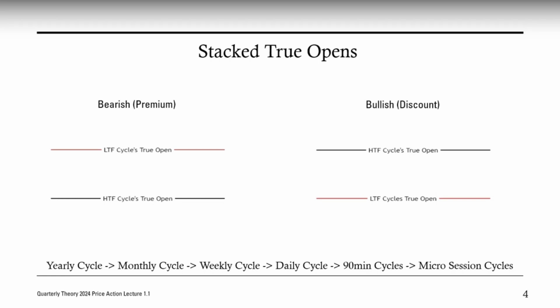So if you're looking at the 90-minute cycles to trade, which for 90-minute cycles you need the 5-minute time frame, right? Write this down. You need a 5-minute time frame when looking at 90-minute cycles.